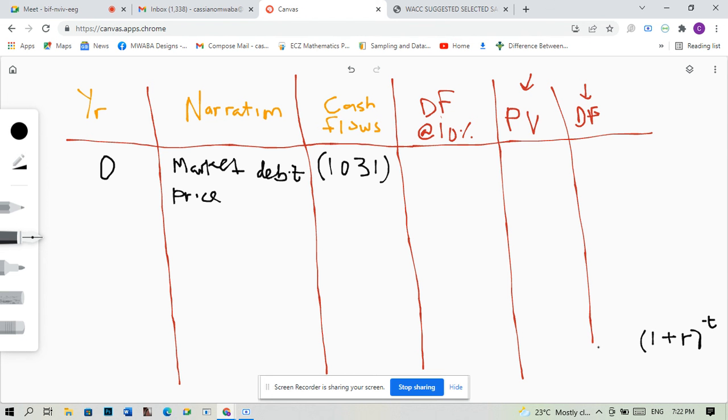Our r in this case is going to be 10%, so you're going to say 1 plus 0.1, to the power -0. So in your calculators, punch this in and tell me what you get.